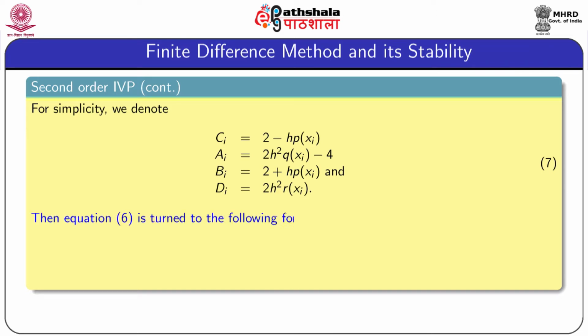So, using this notation, equation 6 becomes ci into yi-1 plus ai into yi plus bi into yi+1 equal to di, and this is true for all i equal to 0, 1, 2 and so on. Note that this is a tridiagonal system of equations.